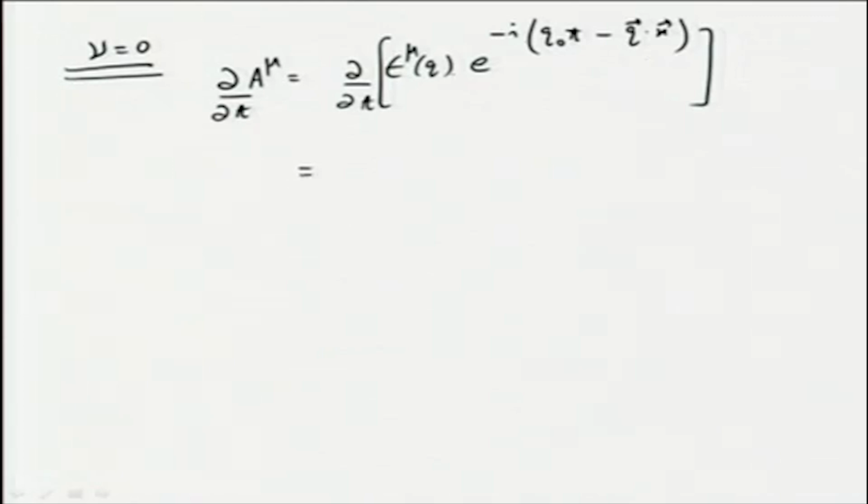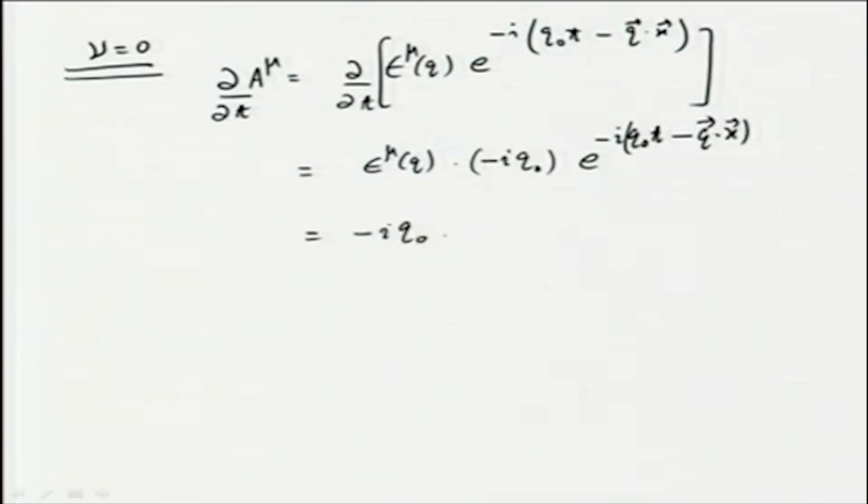So when I take the derivative, epsilon mu q is independent of t, comes out, and the derivative gives minus I q 0 e power minus I q 0 t, and other things remain the same, minus q dot x. So this is essentially equal to minus I q 0 A mu.